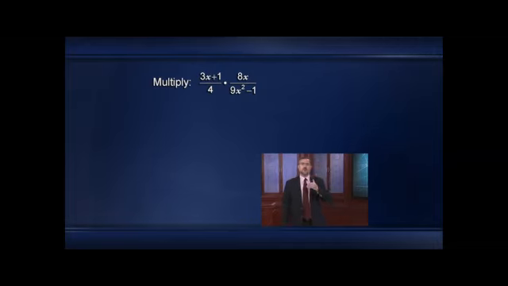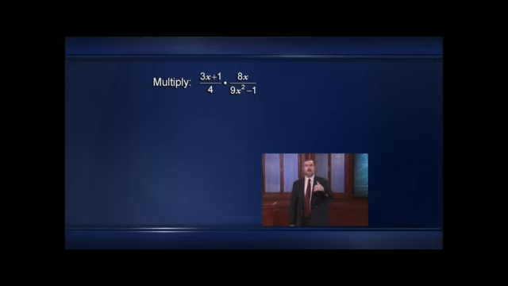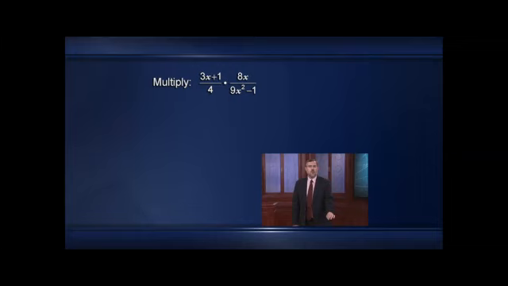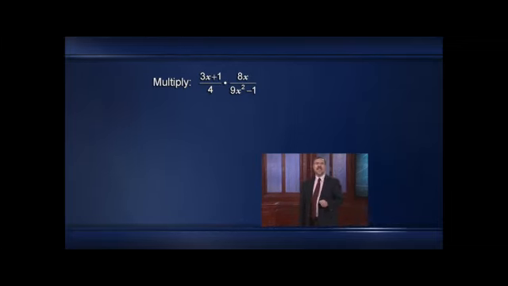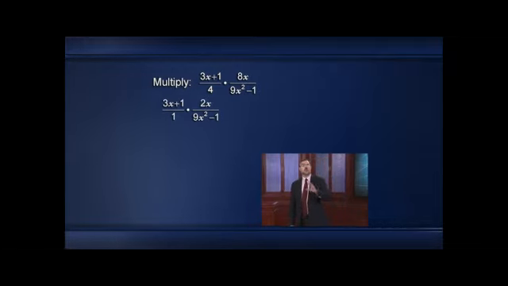So in particular, when you do this product, notice that the 4 in the denominator of the first fraction can cancel with part of the 8, if you will, in the second one. And you'll be left with (3x plus 1) over 1 times 2x over (9x squared minus 1).